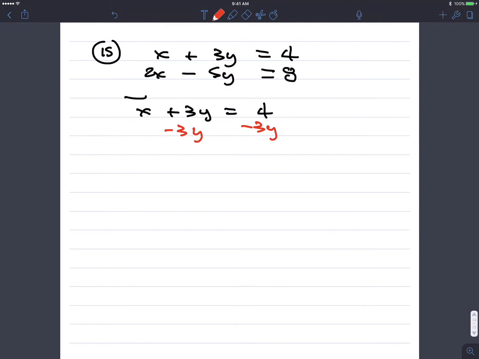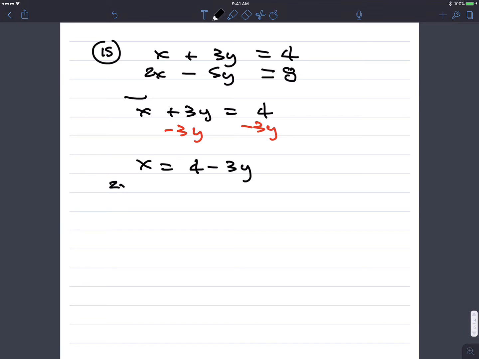Subtract 3y from both sides. Let's write it this way. Well, you can actually write it as 4 minus 3y if you like, or negative 3y plus 4. Either way is fine. This is my new first equation.